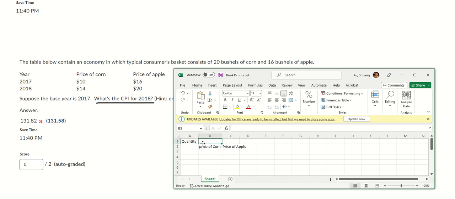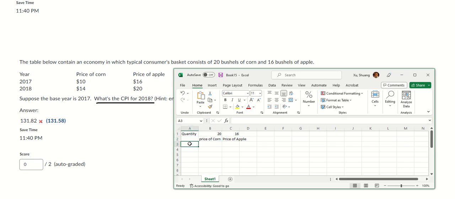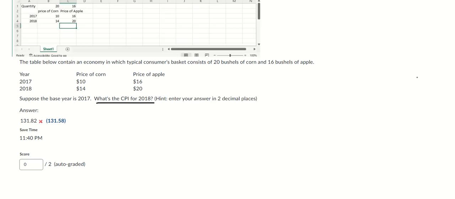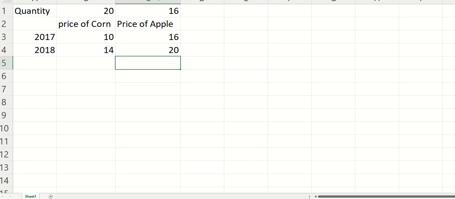So the quantity for corn is 20, quantity for apple is 16. Price for corn and apple, so this will be 2017, 2018, and that's 10, 14, 16, and 20. Okay, let's zoom in a little bit. All right, so first find the basket value.